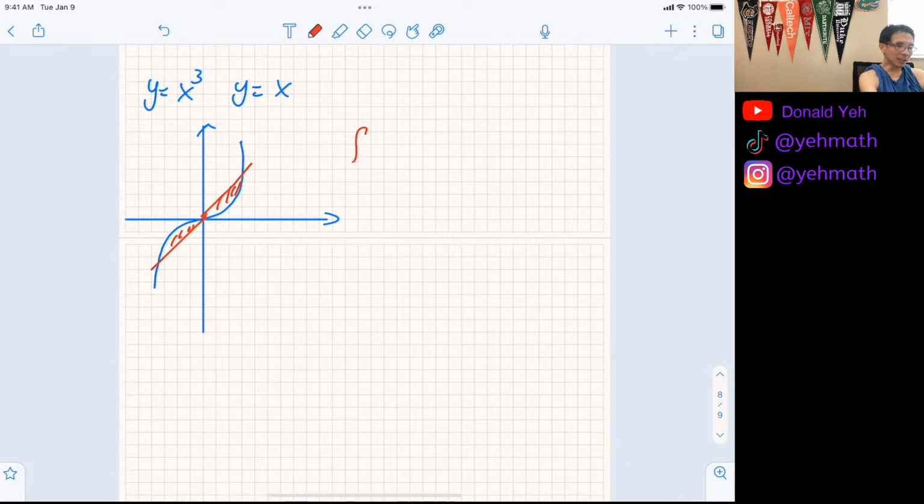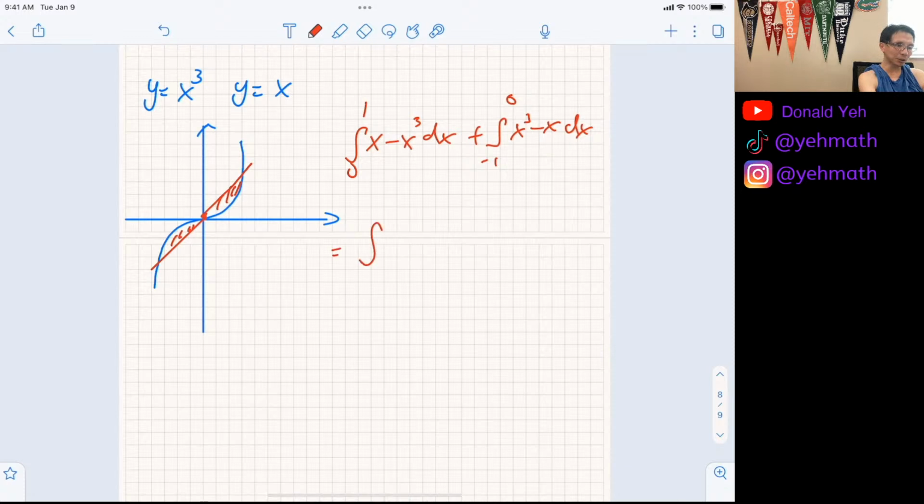From 0 to 1, the top is x minus x cubed. From -1 to 0, it's x cubed minus x, dx. So it's going to have two parts. Now, if you were smart, which a lot of you guys are, and lazy, which a lot of you guys are, you'll realize that this is a symmetrical graph.